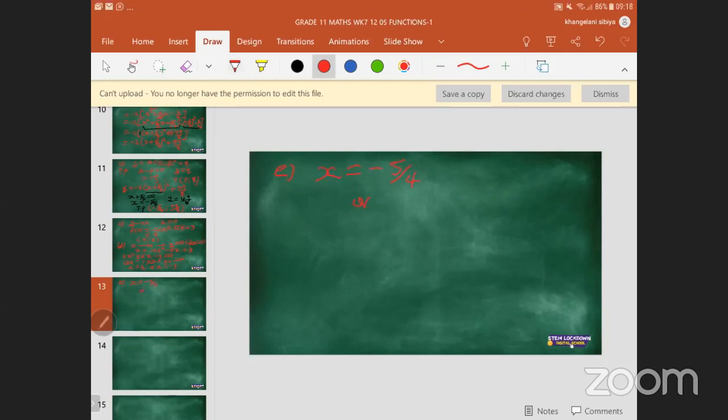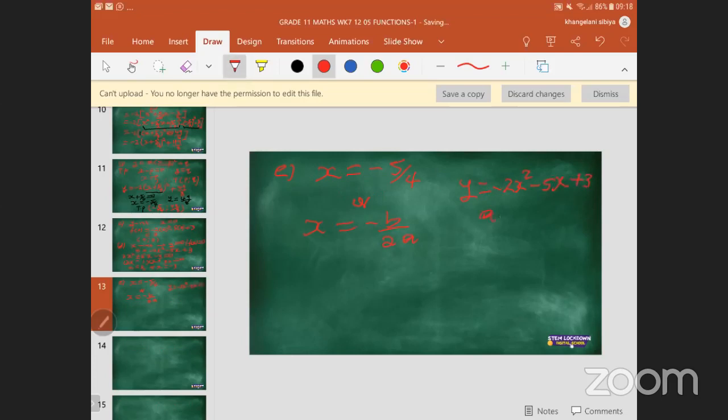Or what you can do, you can simply use the formula. There is a formula that we normally use if you calculate the turning point for the quadratic. The formula is given by minus b all over 2a. Okay, from this equation, obviously, which is negative 2x squared minus 5x plus 3.